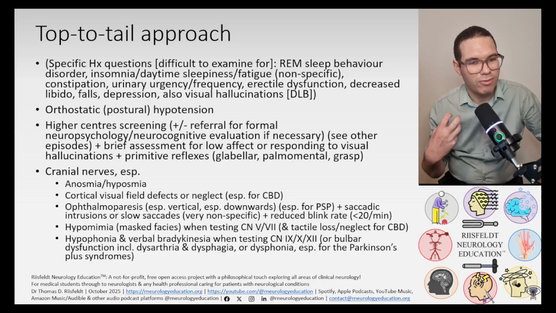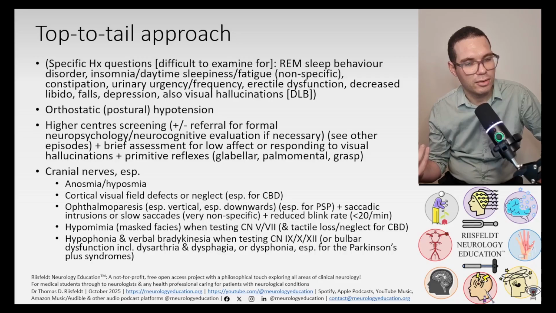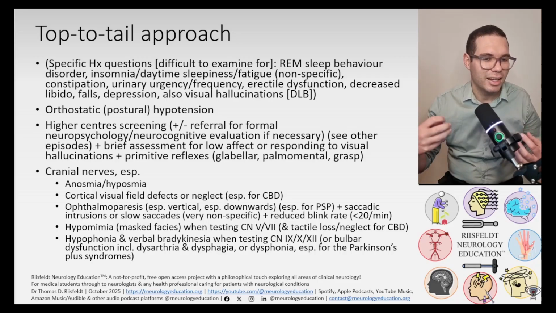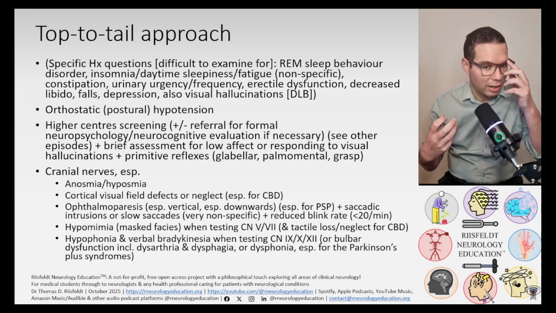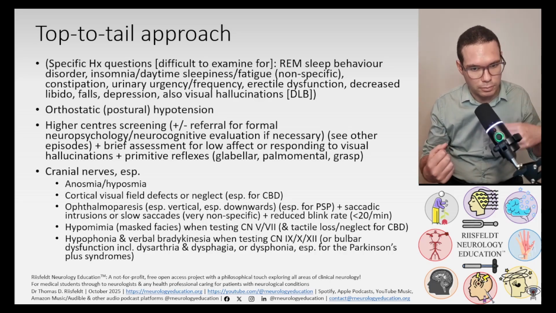I will say that this is very, very non-specific. So you're not going to be able to make a diagnosis of a particular condition based on the presence of this sign. But similar to the reemergence of the primitive reflexes, it just is an additional piece of the puzzle that builds the case for this patient having an extrapyramidal syndrome.